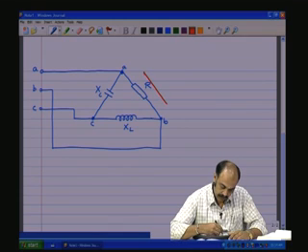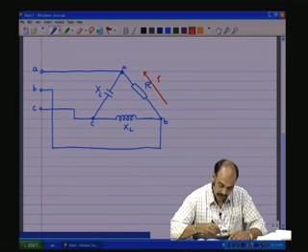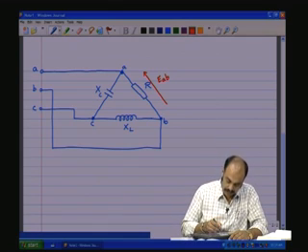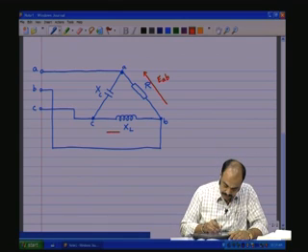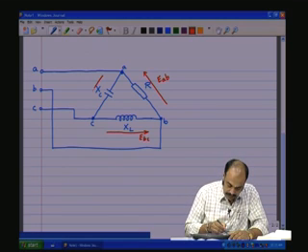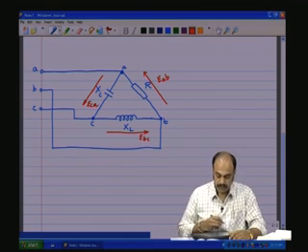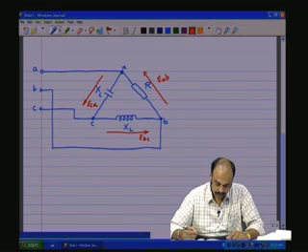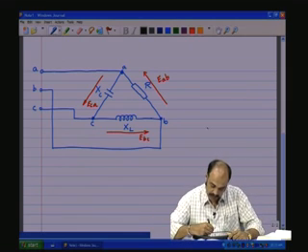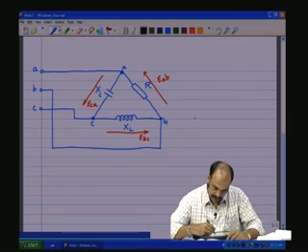Now, we have the voltage across R, which is the line voltage or the phase voltage, because in the delta circuit line and phase voltage are the same, which is EAB. The voltage across L is EBC, and the voltage across the capacitance is ECA. That is the sequence. Now, based on this sequence, we have the vector diagram.